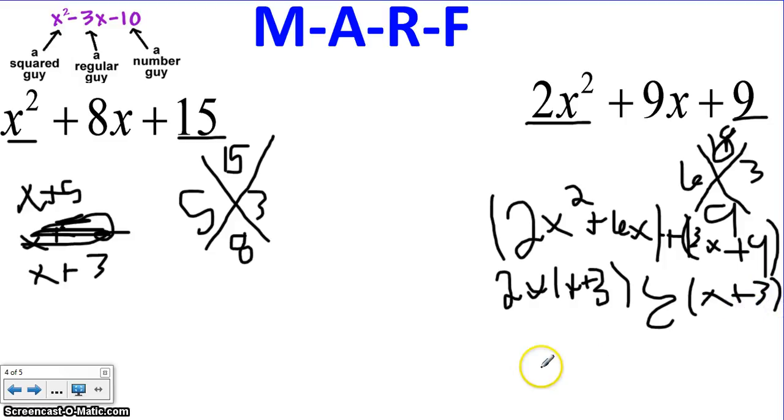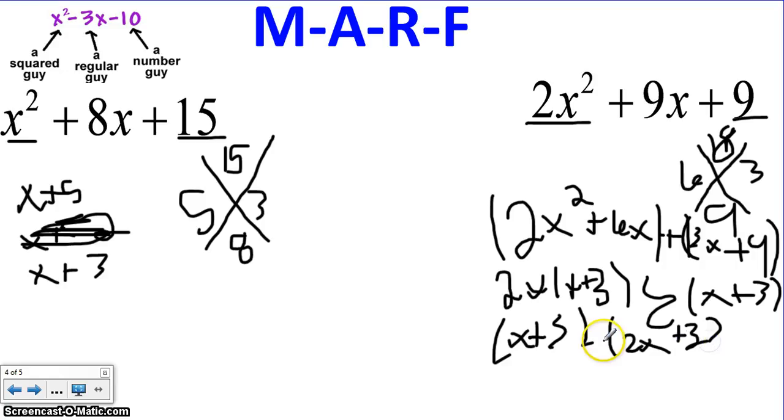Inside the parentheses, you want to make sure that you have the same expression on both. Then you will put x plus 3 as one factor, and then you will put the 2x plus 3 in another set of parentheses. And that is the final step.